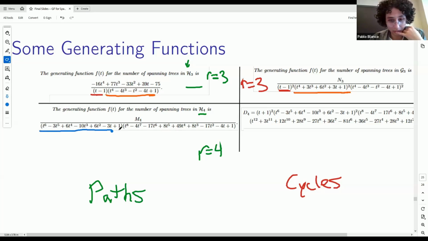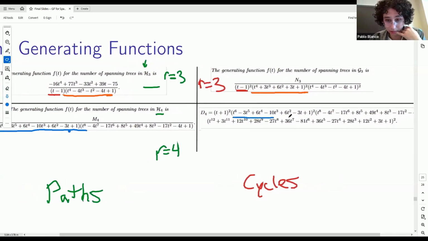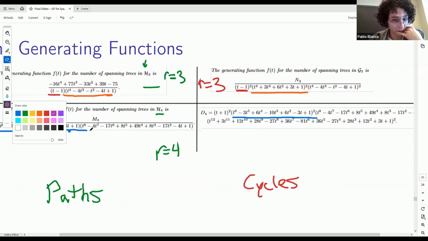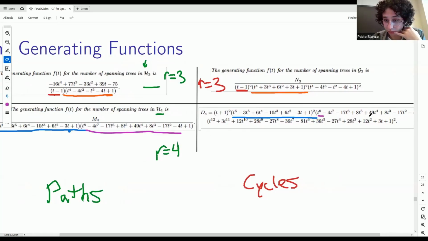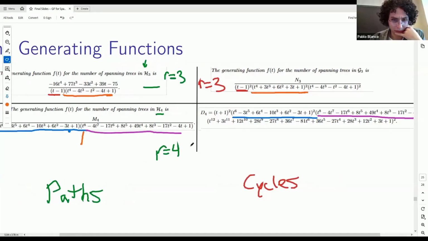So here's this one, and this shows up right here, T6. And this one shows up over here. So that's cool. And also the coefficients are symmetric, actually.